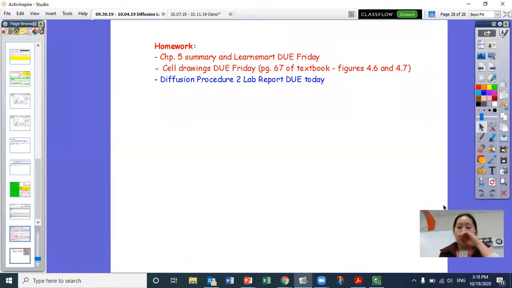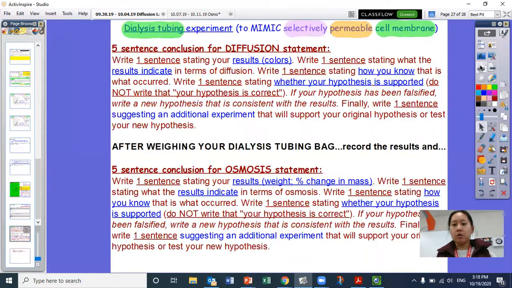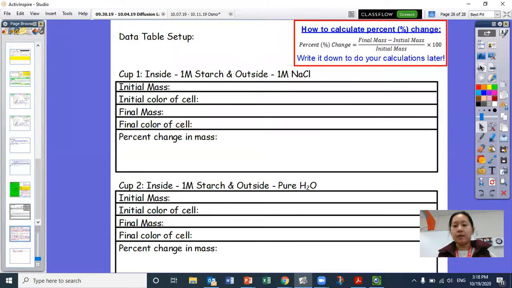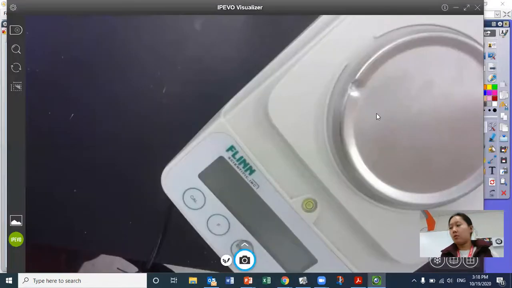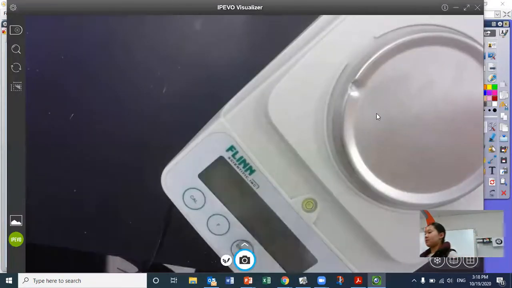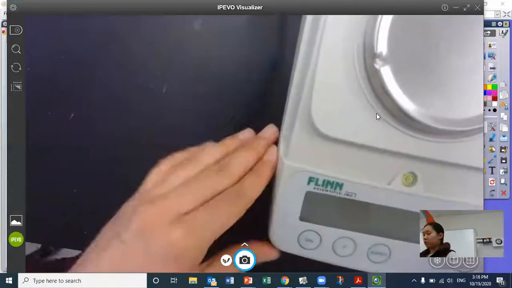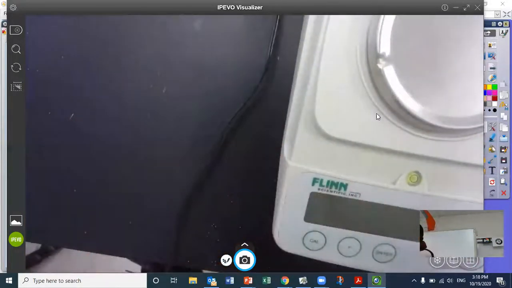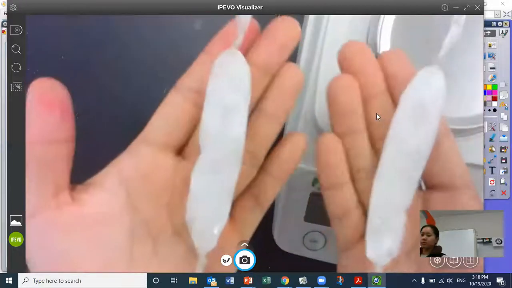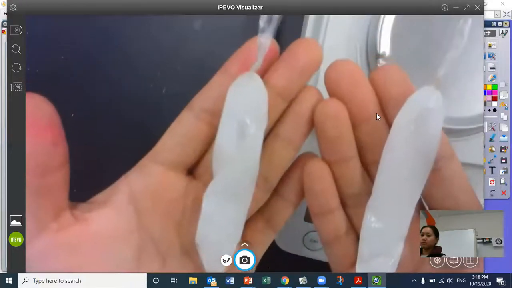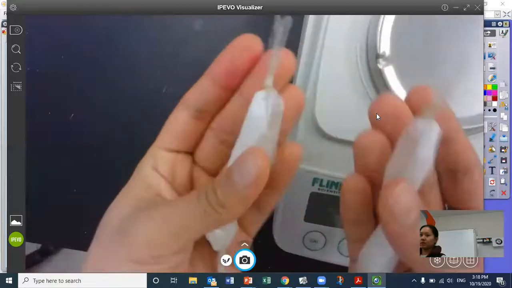Okay, so I'm going to actually go over the lab setup with y'all now. We're going to mass out the initial masses and make the initial observations. So I want you to make your initial observations of the cell color. Pretty obvious, right?